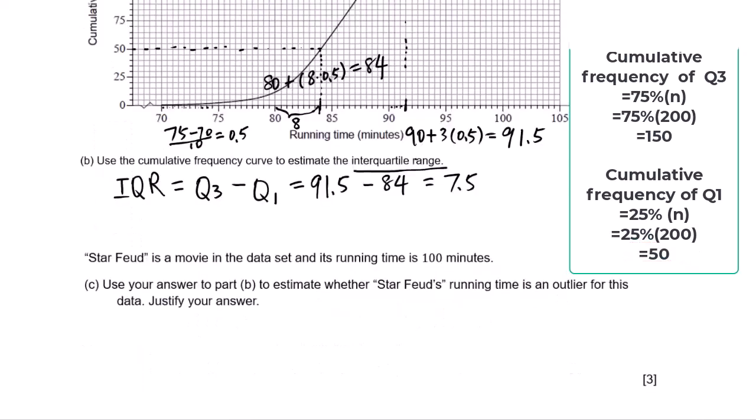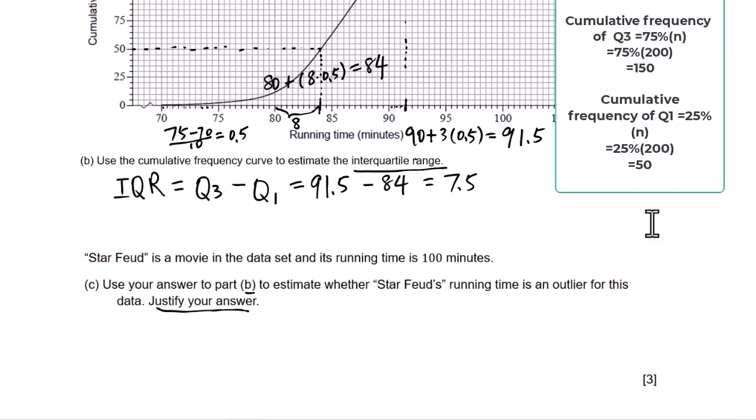Starfield is a movie in the data set, and its running time is 100 minutes. Use your answer to part B to estimate whether Starfield's running time is an outlier for this data. Justify your answer.